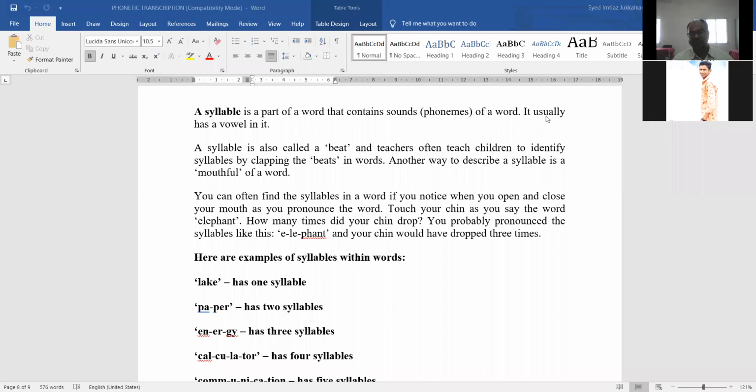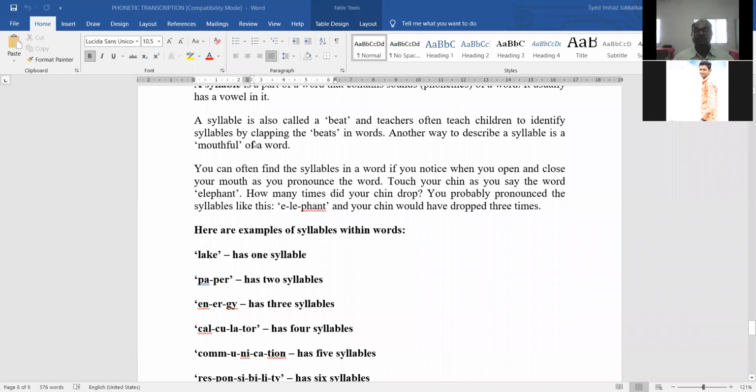And usually in one syllable there is one vowel. One syllable, one vowel. What is the rule? In a word there may be many syllables, but each syllable contains a vowel. प्रत्येक syllable मध्ये एक vowel असतो. आता vowel sounds आपण शिकलेलो आहोत.